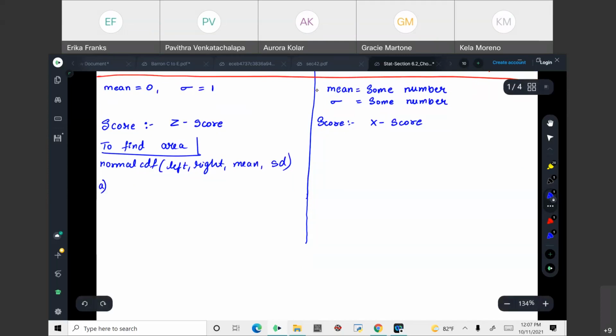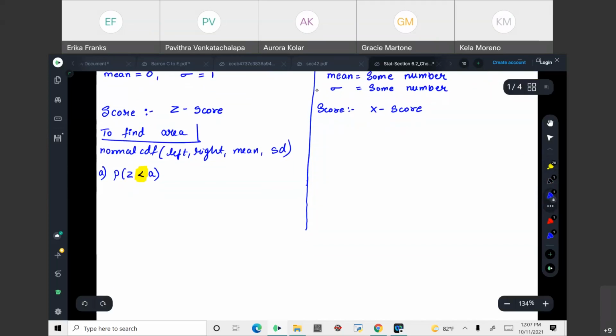Now, how do you identify this left and right score? For example, you have a question something like this: P of Z less than A. Less than A means any number.